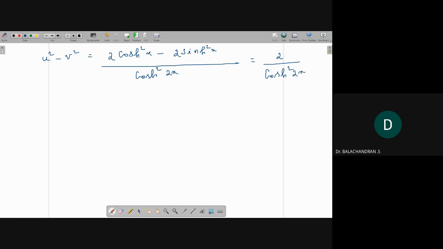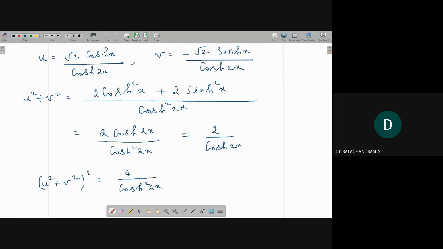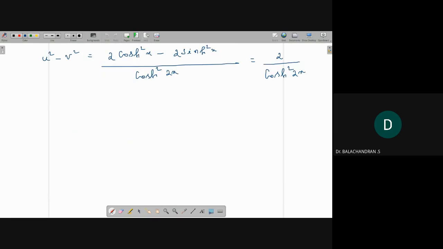So now, what is the right hand side? We have 2 into (u square minus v square).